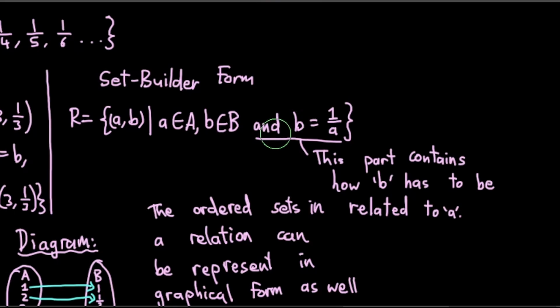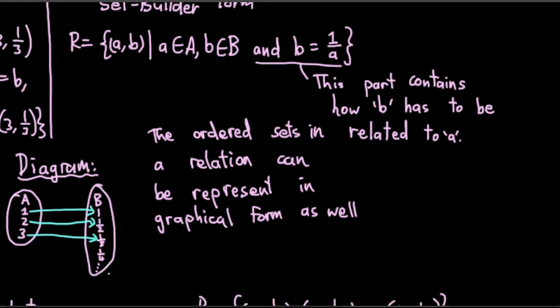For the relations example, however, in this case it shows how b has to be related to a, that is the basis, right? For all sets of relations, the basis always has to be how b relates to a. That is the general basis in set builder form for relations, right?